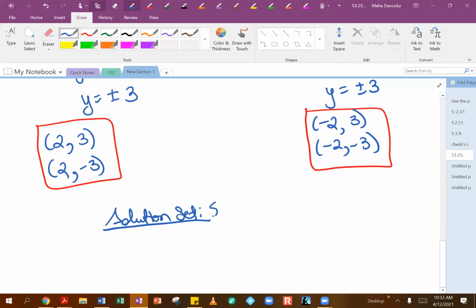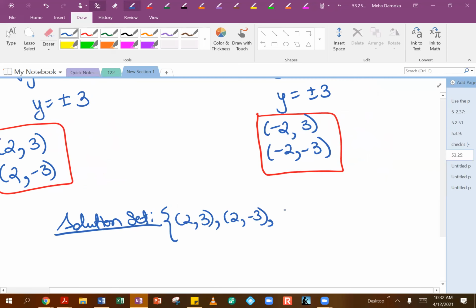So with these types of equations where you have the x squared and the y squared, you should expect to see 4 ordered pairs for your solution set. Now, of course, there can always be exceptions to the rule, but for the most part, most of the examples that I have solved, we have come up with 4 solution sets with these guys.